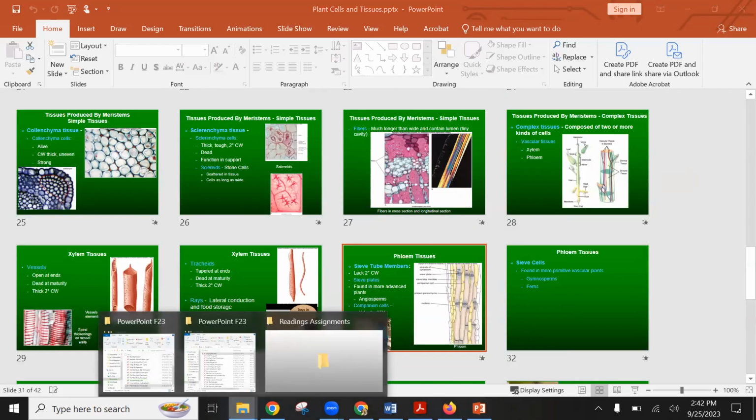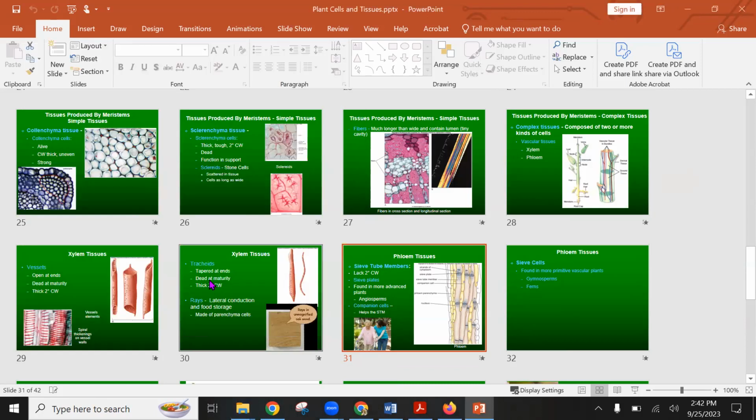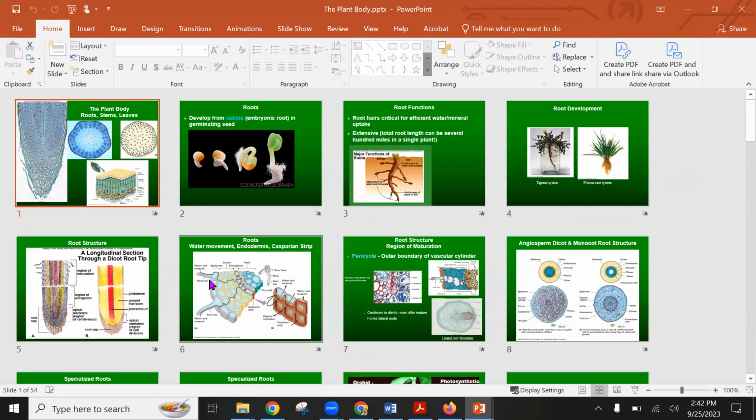Okay, then we got into the plant body, which is basically looking at the root, stems and leaves. I separated it out into three different sets, this is my version. I have it all in one PowerPoint slide set on my hard drive, but I have it as root, stems and leaves in EduCat.